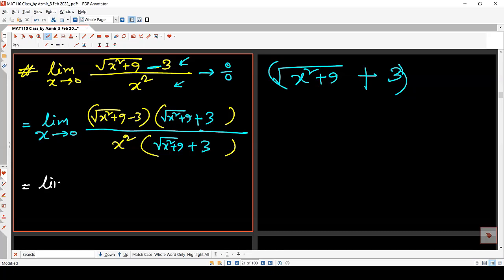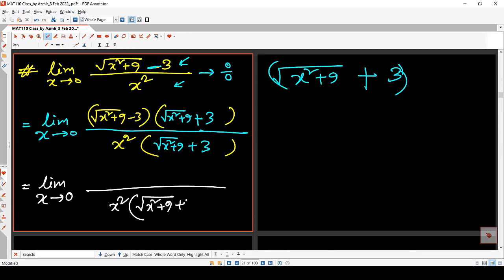So limit x tends to 0. In the denominator, we have x squared times square root of x squared plus 9 plus 3. And in the upper part, if we consider this is a and this is b, it is a plus b times a minus b. So that means the a squared negative b squared formula can be applied. So a squared negative b squared.